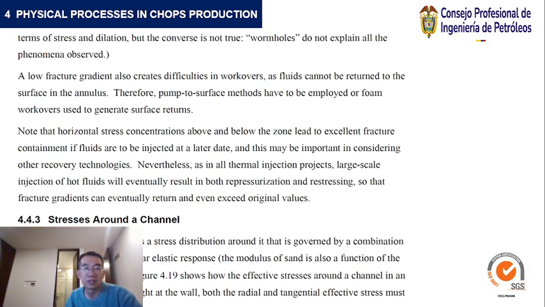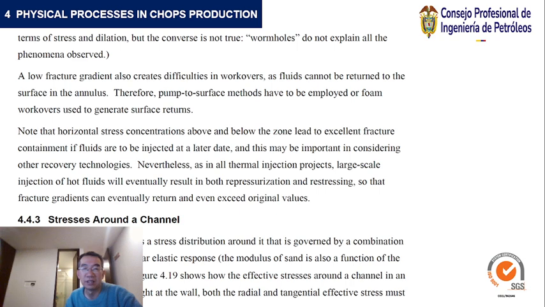Note that the horizontal stress concentration above and below the zone leads to excellent fracture containment if fluids are to be injected at a later date. And this may be important in considering other recovery technologies.